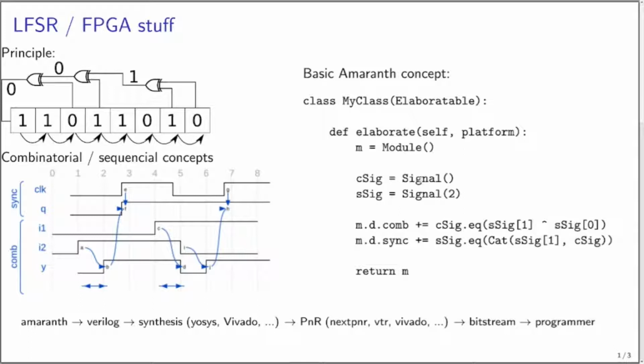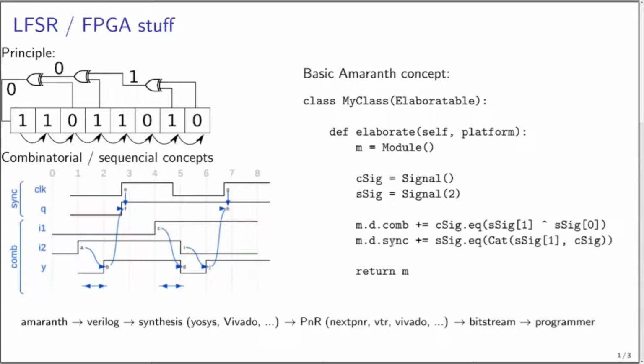Signal has the same behavior, the same idea, as in Verilog, wire and reg. Without parameter, this signal has a size of 1 bit. With a parameter, this second signal has a size of 2.